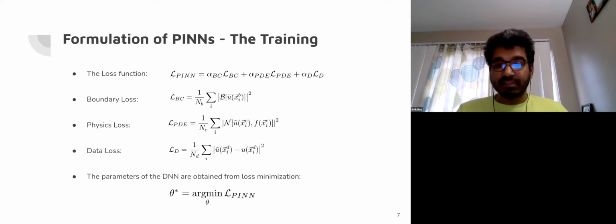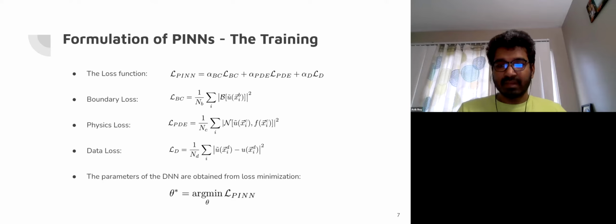And then you have the physics loss, where we take the large set of collocation points and evaluate the surrogate function from the neural network. Evaluating values for a neural network is not an expensive job to do, so this calculation does not take a very long time.